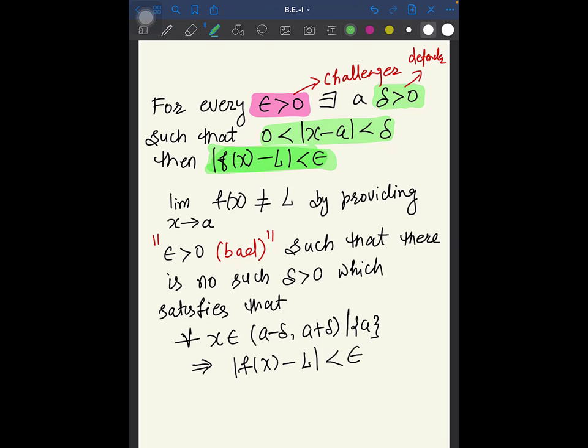That means in that case all those values will not obey this law.